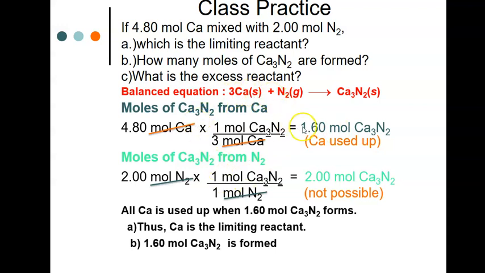So once 1.6 mole of calcium nitride is formed, the reaction will stop. So your calcium is your limiting reactant. 1.6 mole of calcium nitride is formed, and then the excess is your nitrogen, which is your leftover.